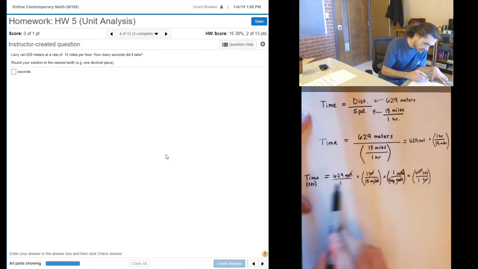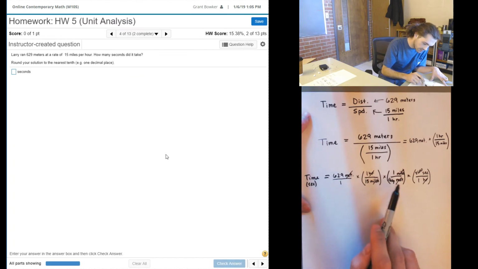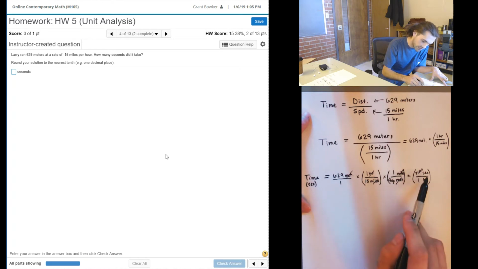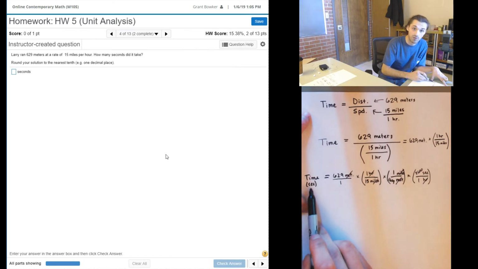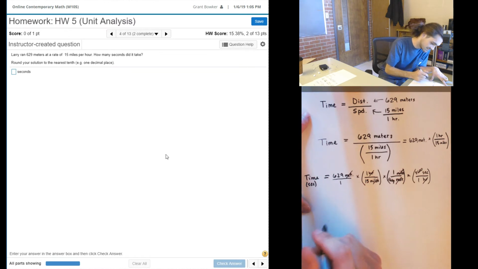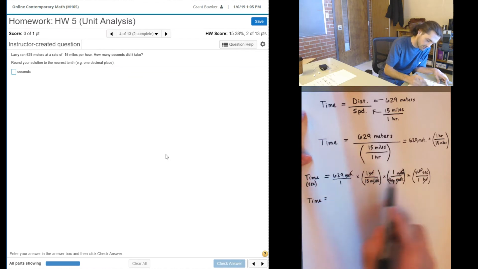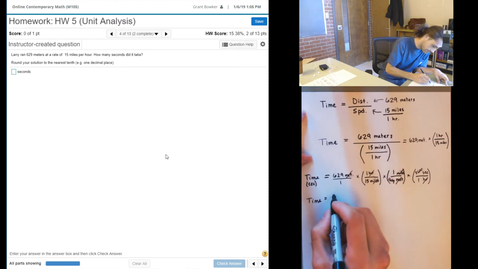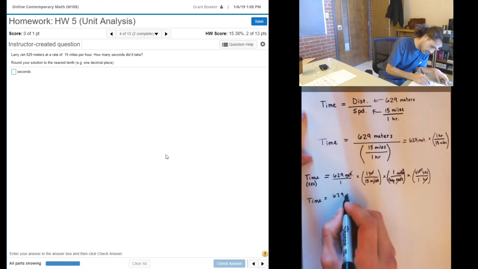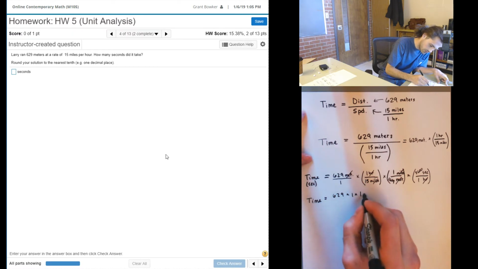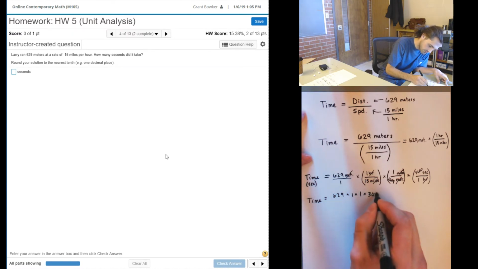So, meters went away with meters, hours went away with hours, miles went away with miles, and I'm left behind with just seconds, which is exactly what I want. I want time out in seconds. So time is, and we'll multiply straight across, 629 times 1 times 1 times 3,600.